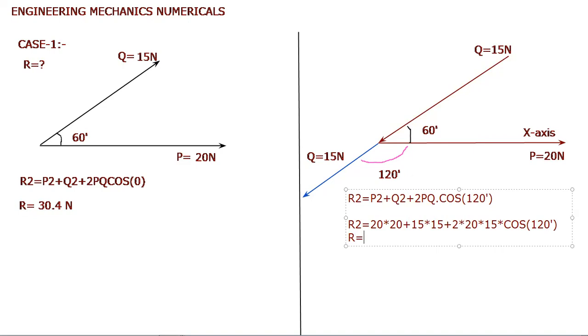You have to calculate how much is the cos of 120 degree. Okay, that value will be negative, right? So after solving, you will get R is equal to 18 Newton.